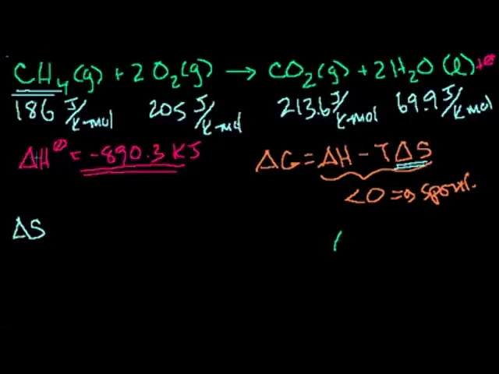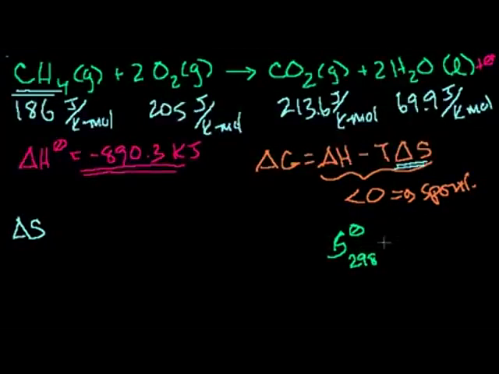The standard, you put a little naught symbol there. The standard molar entropy, so when we say standard, it's at 298 Kelvin. You don't use the word degrees necessarily when you talk about Kelvin. So it's at 298 Kelvin, which is 25 degrees Celsius, so at room temperature. So that's why it's considered standard temperature.